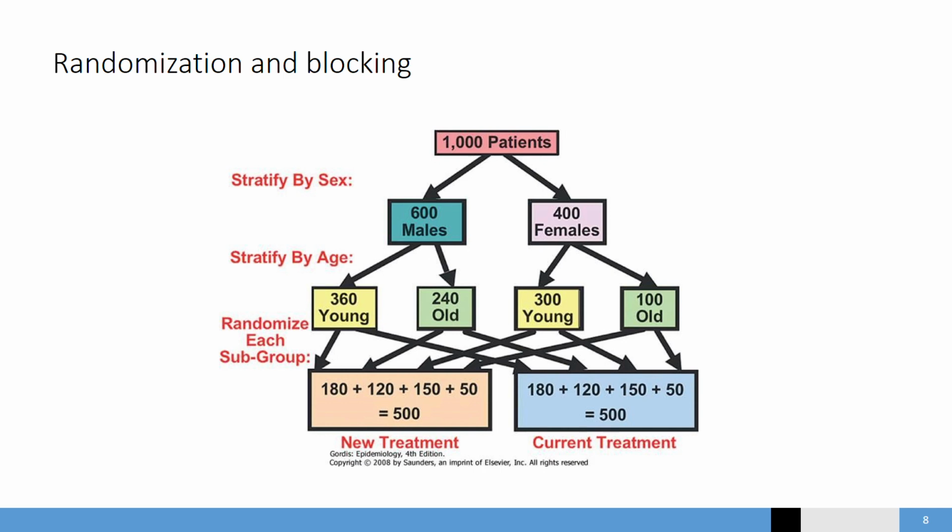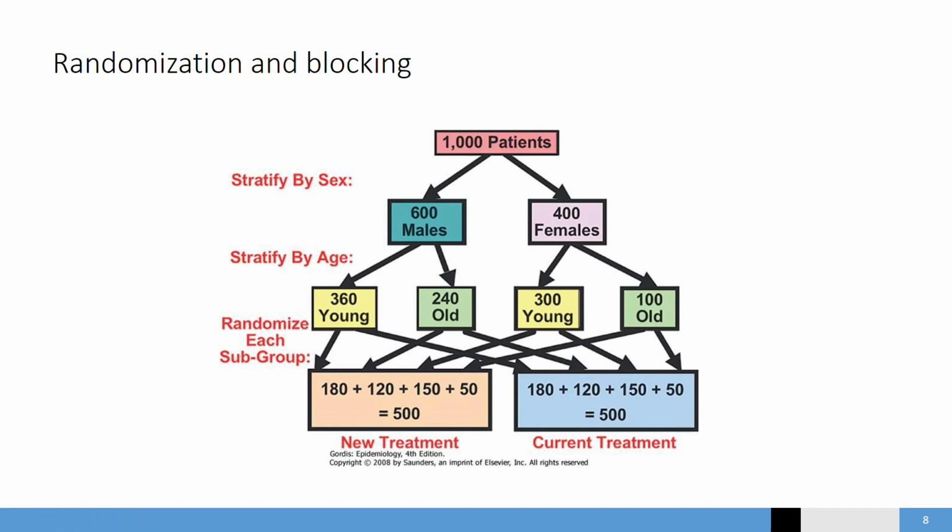So you divide your animals into the different subgroups. For instance, here we make a homogeneous group of young males, here old males, and so on. And then once you have all the homogeneous groups, you randomize to the treatment groups.